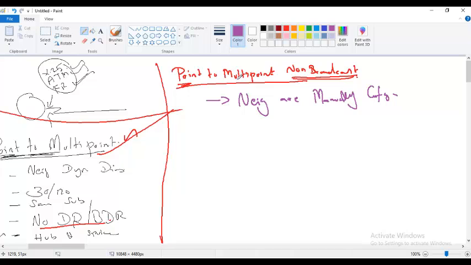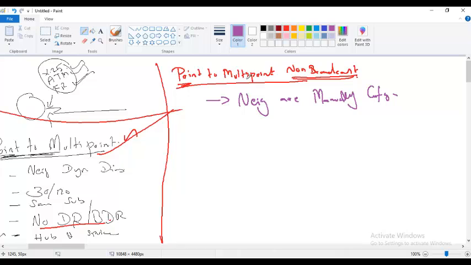So if you think that way, I don't want my neighbors to be dynamically discovered. I would like to manually configure them so that I will have control over the adjacencies. If you feel so, this is the best one.